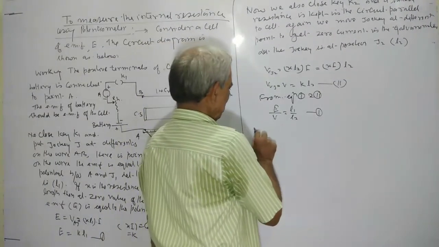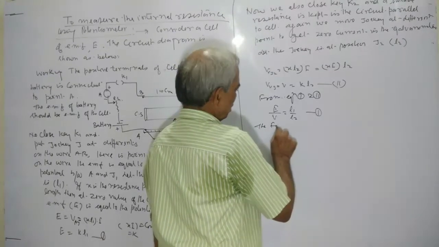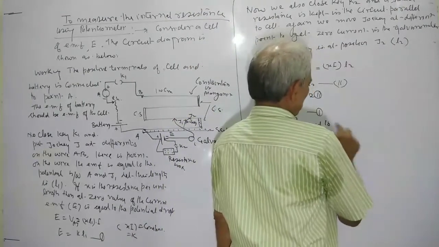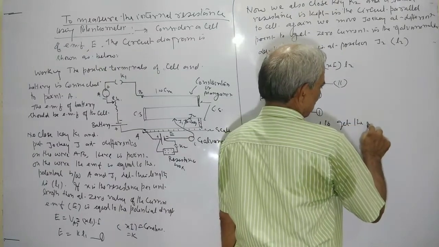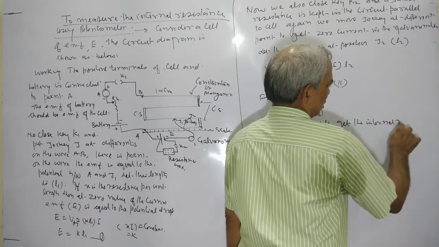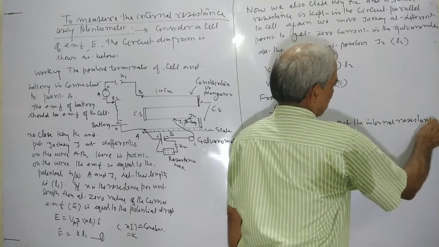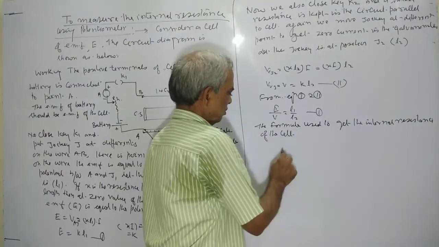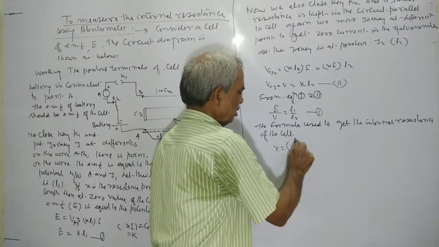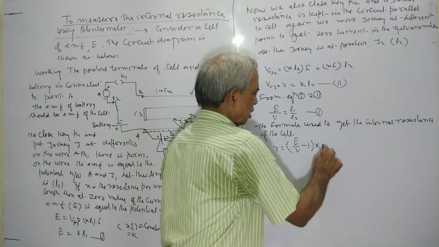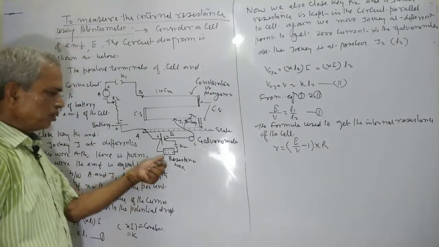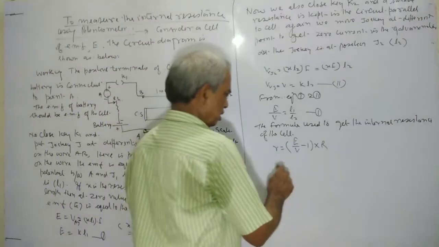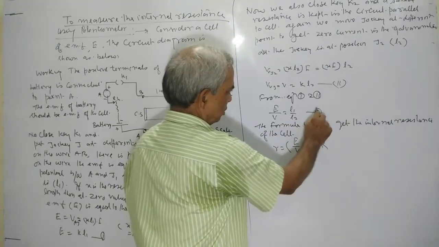The formula used to get the internal resistance of the cell is r equal to (E upon V minus 1) into R. R is the value of resistance taken in the circuit from the resistance box.